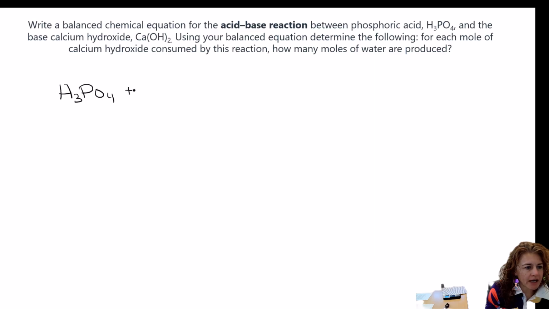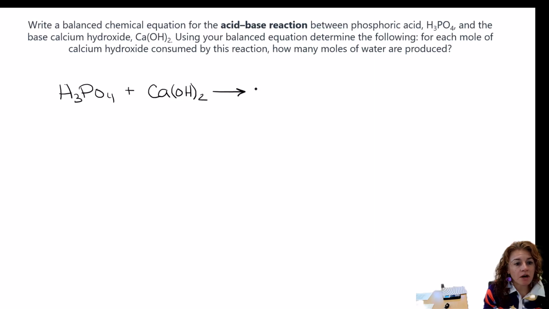And that's going to react with the base, calcium hydroxide. So the first step here is knowing how to write an acid-base reaction. What are the products? And then making sure we balance it.